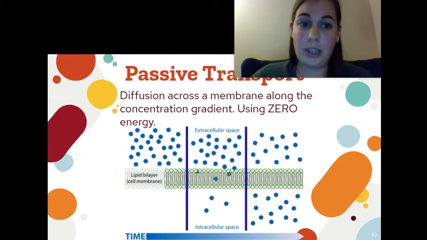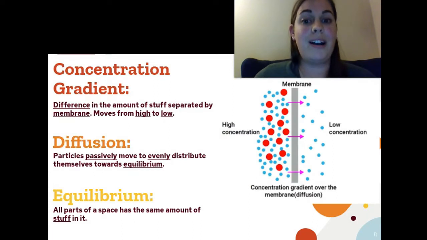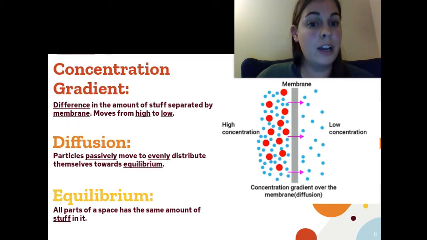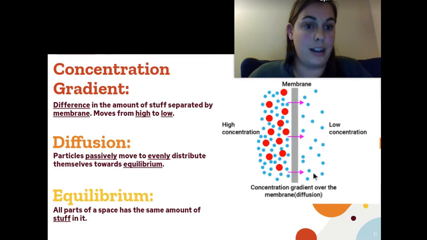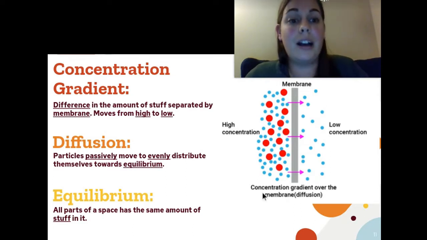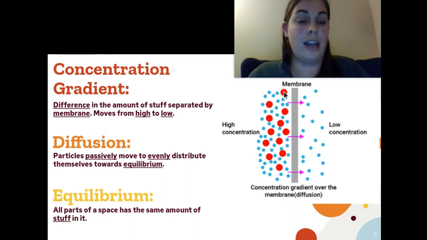Now, the words we use here to define this, we have concentration gradient. A concentration gradient is a difference between the amount of stuff separated by my cell membrane. So in this image, I have a lot of blue dots on one side and not a lot of blue dots on the other, meaning I have a high concentration on one side and a low concentration on the other.